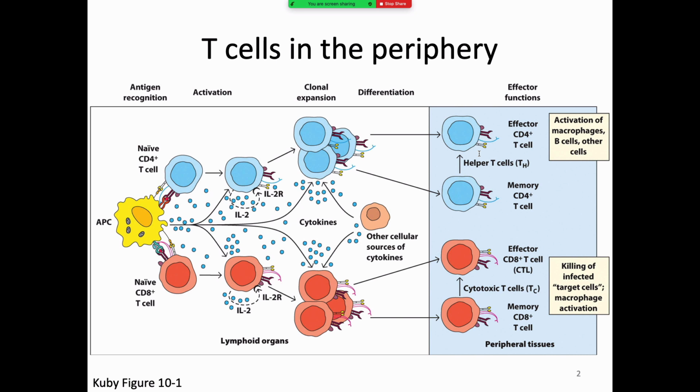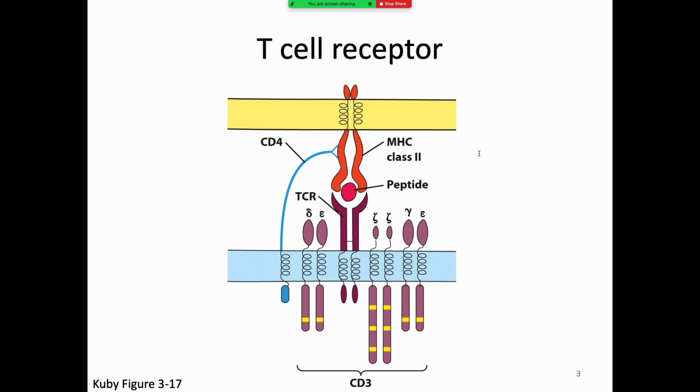This activation step that we see happening between the antigen-presenting cell and the T-cell is where we are focused today. And so today we are focused on the actions that happen downstream of the T-cell receptor. We are going to be looking at the T-cell receptor and the signal transduction process that happens downstream of it.